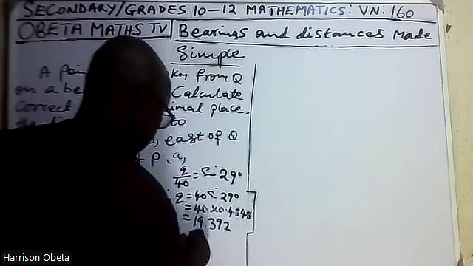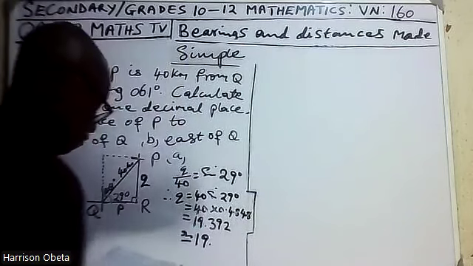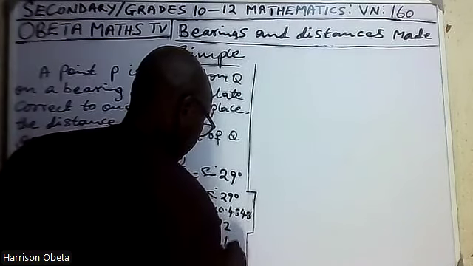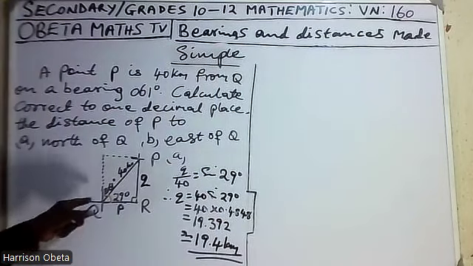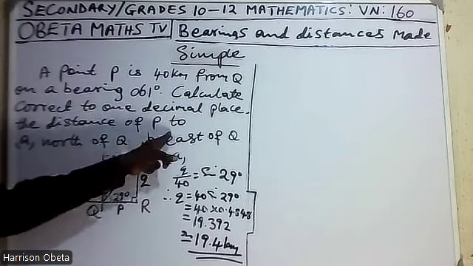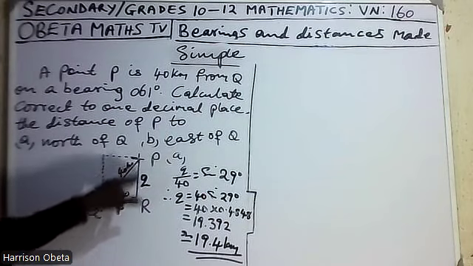And that's approximately equal to 19.4 kilometers. That is the distance of P to north of Q. That's from here to here.